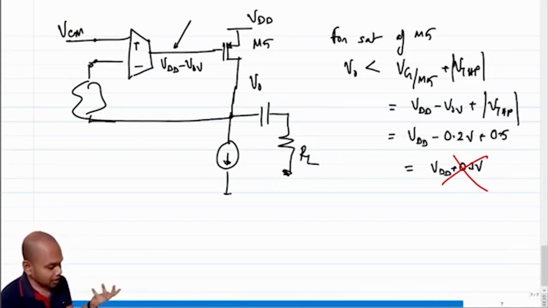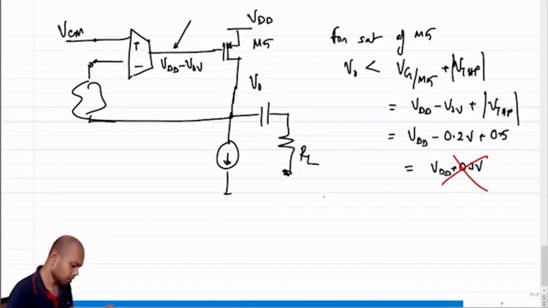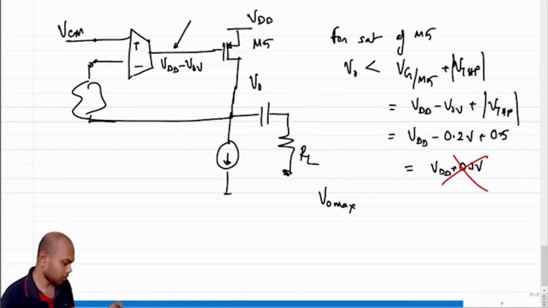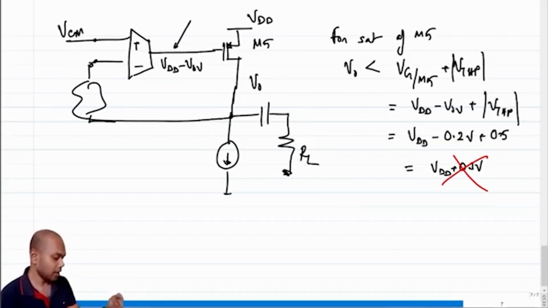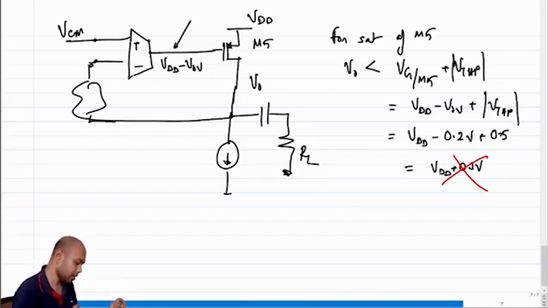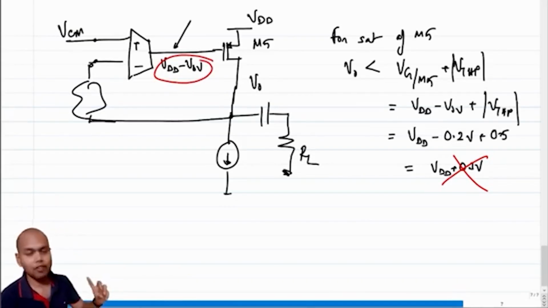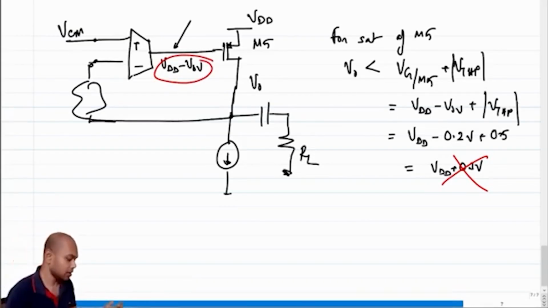Then V0 basically can go to... the issue that you will have is if this guy goes to VDD minus V overdrive. Can you comment on the condition of M5? Is M5 on or off? What is the VSG of M5?